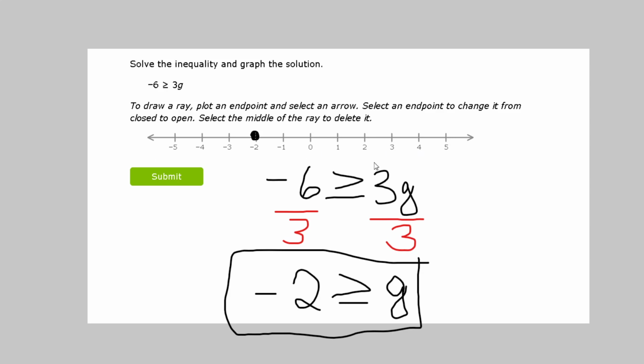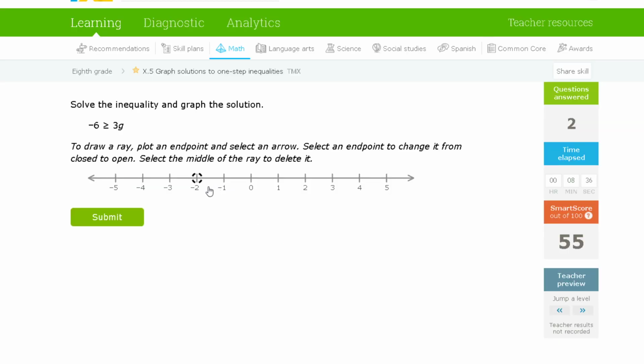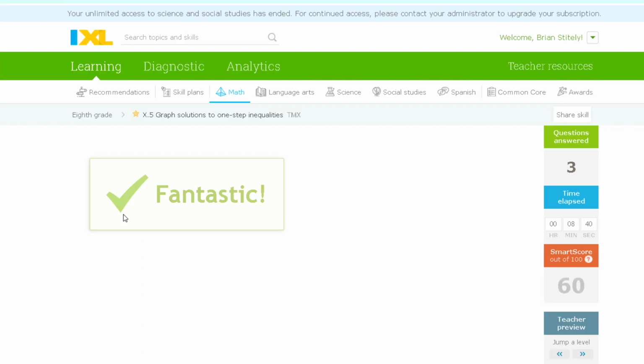Which way on the number line? Right, because that's what g is. Numbers less than -2. Less than or equal to -2. We know -2 will work, but also all of these other numbers, because they're all less than that, so they have to work too. So closed circle. There you go.